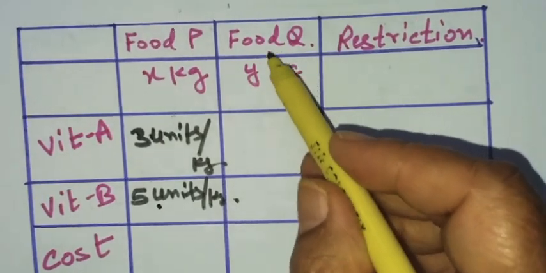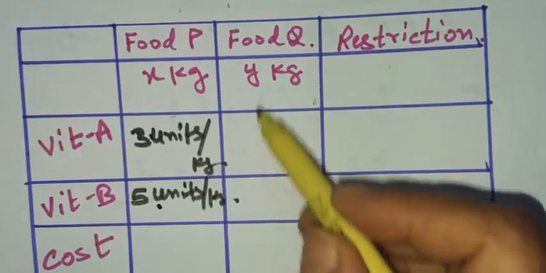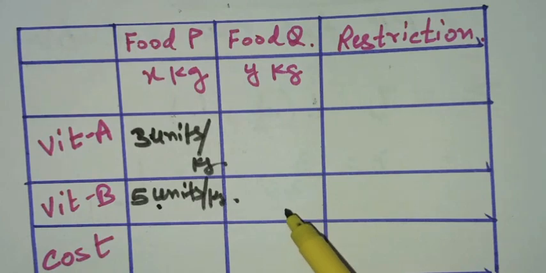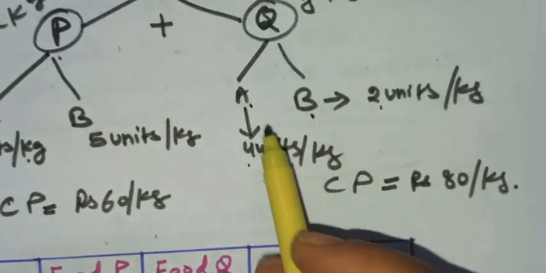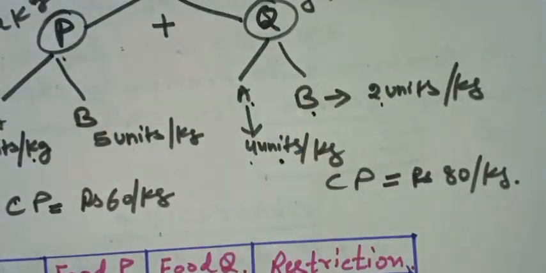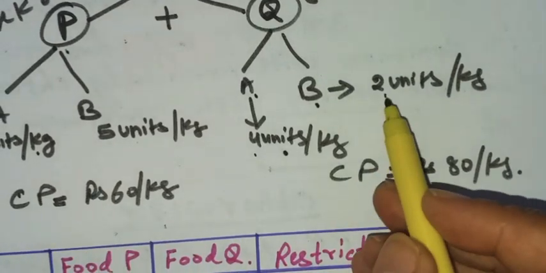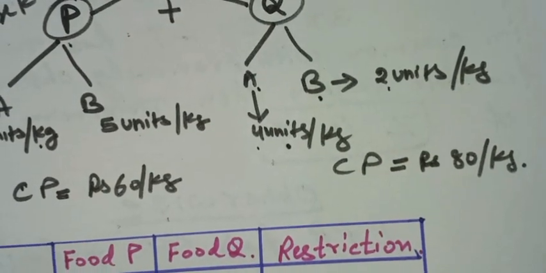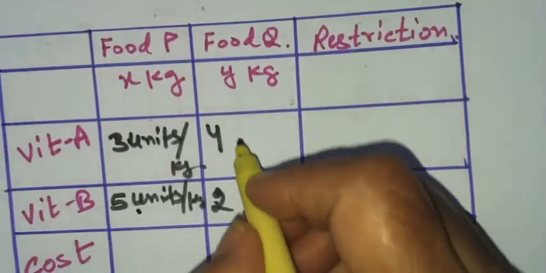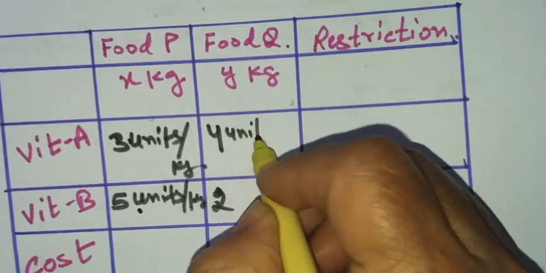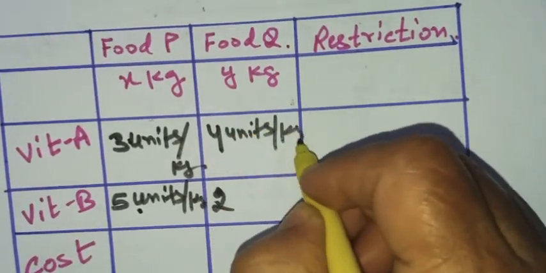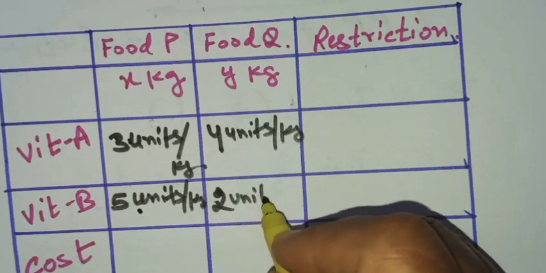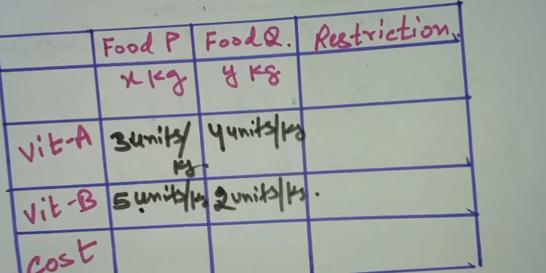This is the vitamin A and vitamin B content for food P. Similarly, I will write the vitamin A and vitamin B content for food Q, which has 4 units of vitamin A per kg and 2 units of vitamin B per kg.